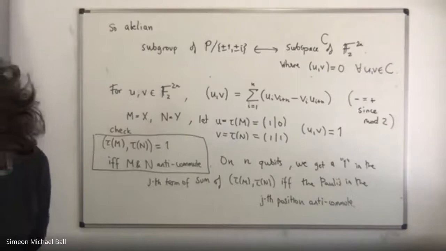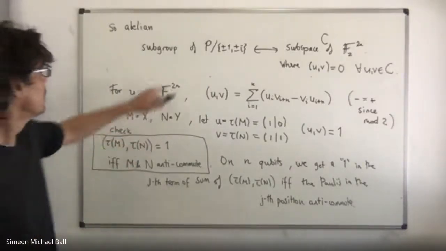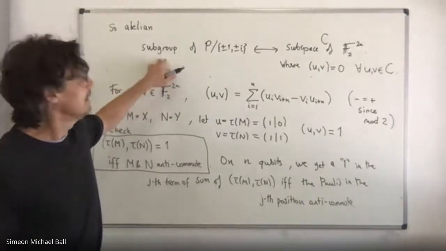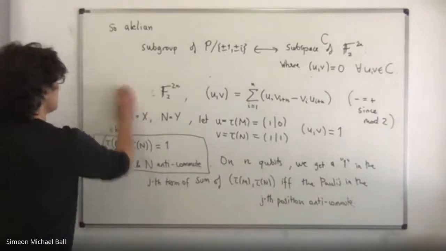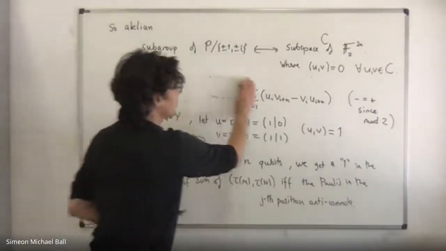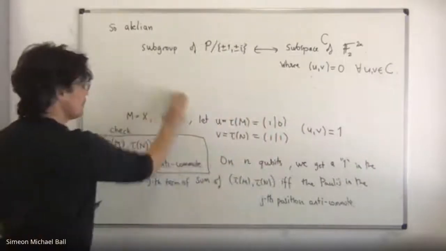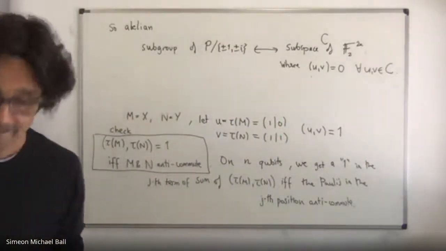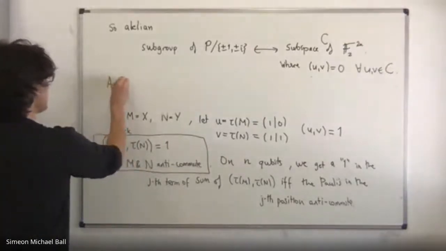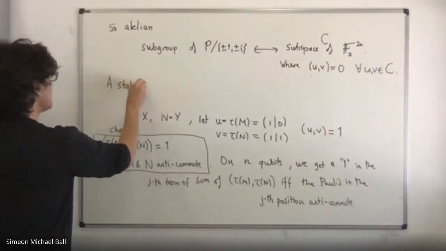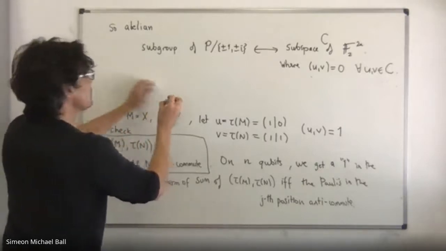Okay, so let me look at an example first. We still have a lot of work to do because we want to know, for example, where the centralizer is here. But for the moment, let's just have a look at an example. So now I'm going to describe our stabilizer code.